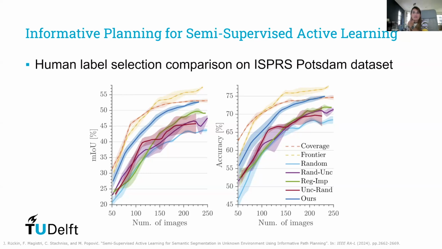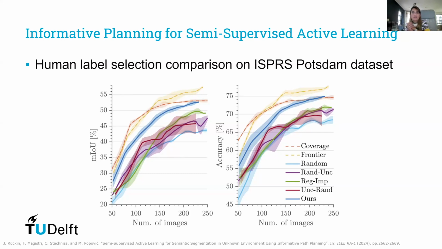Region impurity essentially looks at adjacency between different image regions and tries to select areas that are on edges because they represent transitions in the image. We find that our proposed method, which is the dark blue one, that combines different elements of region impurity, random sampling, and uncertainty, reduces the performance gap further, so we can actually get quite close to the baselines.